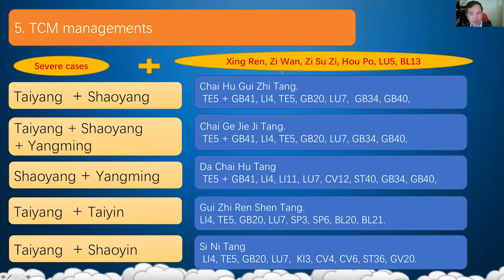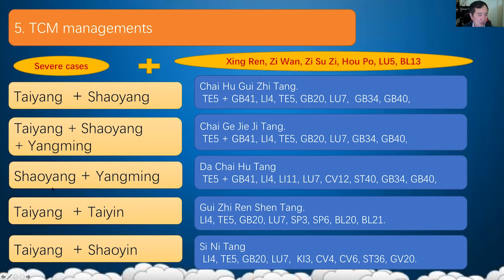These points should be added in all combinations. Because COVID-19 is a sickness of the lung. So we also automatically add Lung 5, Bladder 13, etc., because we have to protect the lung. The lung is the main organ involved.